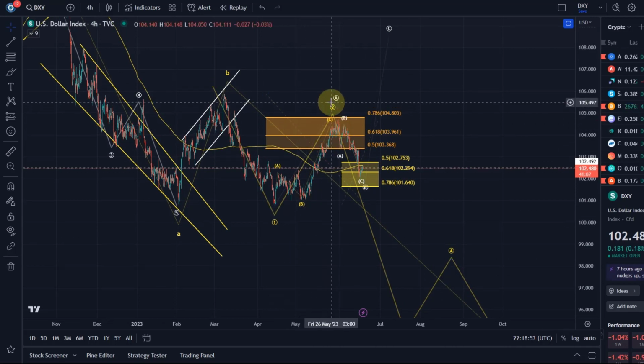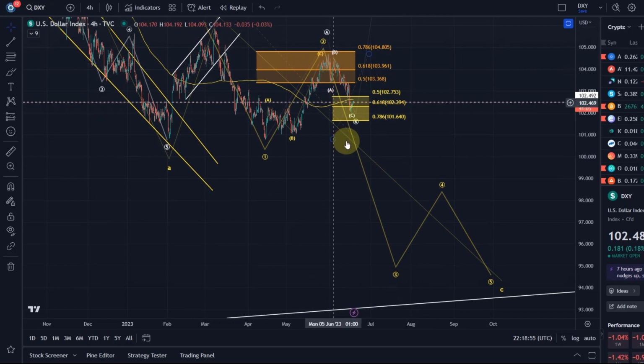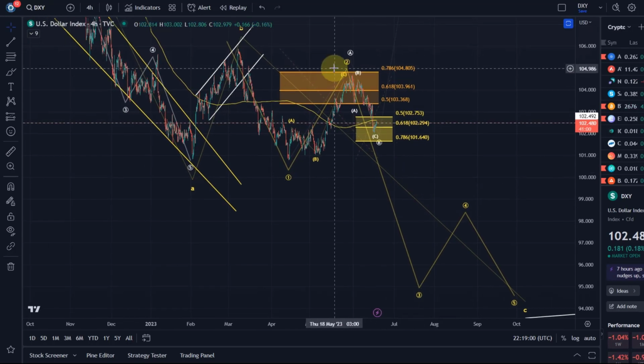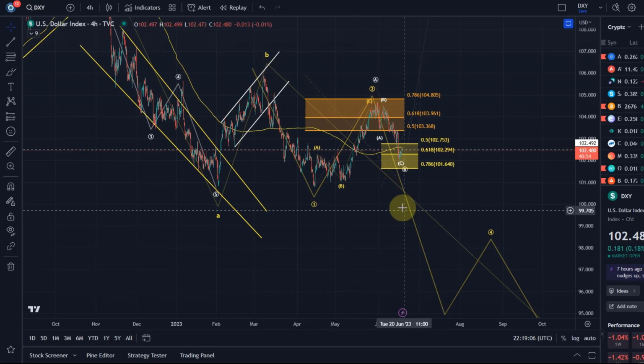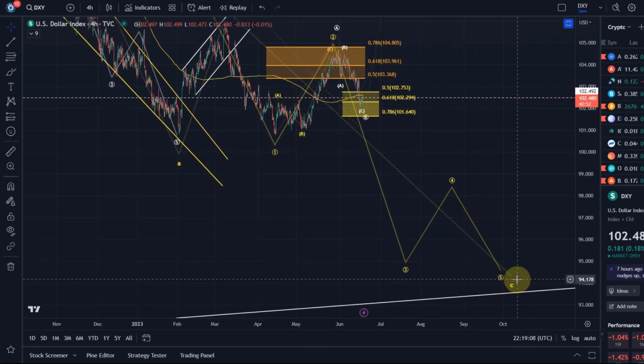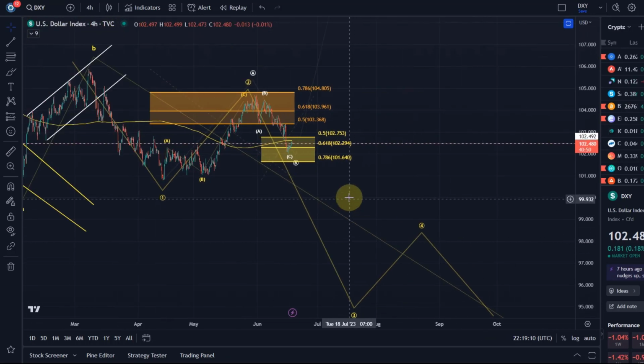So what would it now need to do to fulfill the yellow count and give some clarity that the yellow wave count is working out, that we would get a direct sell-off, that the B wave topped already in March, and that we're heading down in a C wave now into the low $90 region? What would need to happen?